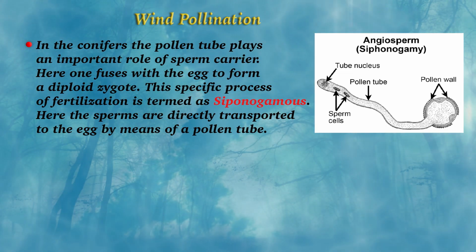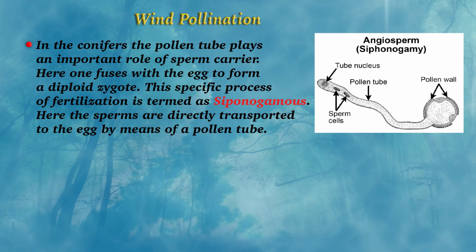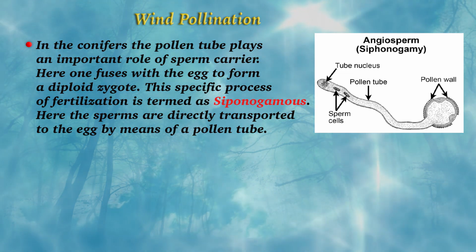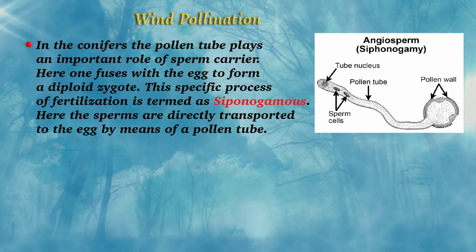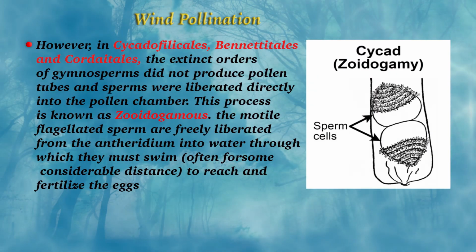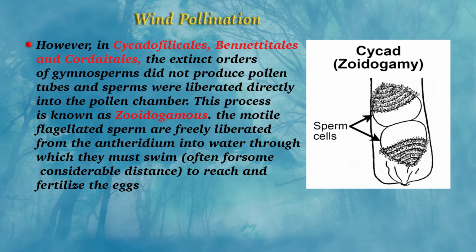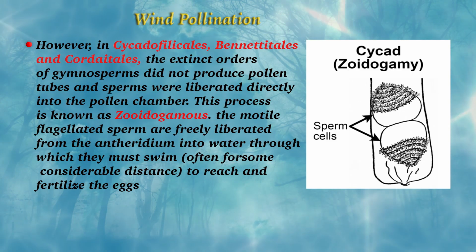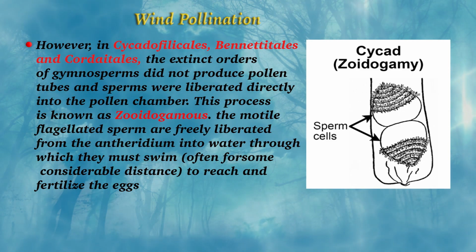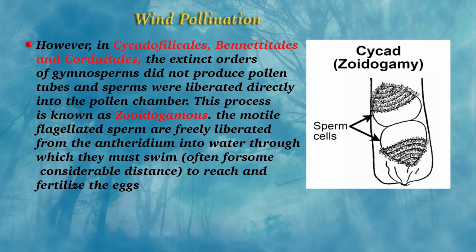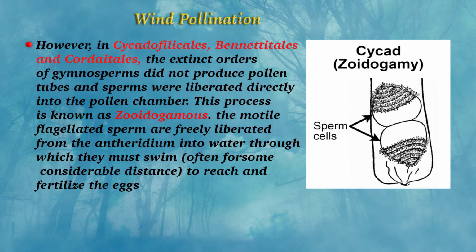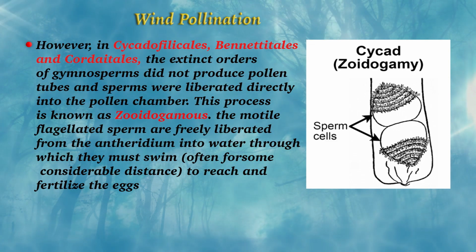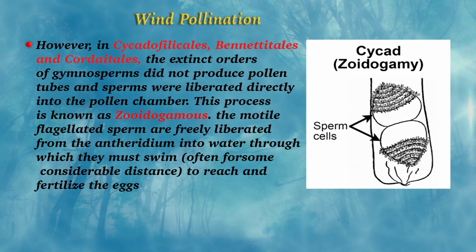When the male gametes are transported through the pollen tube to the egg, it is known as siphonogamous. But in Cycadophytes, Bennettites and Ginkgo, for example Cycas, there is zooidogamous fertilization, in which the sperm cells are ciliated and swim through water a considerable distance to the egg, and then fertilization occurs.